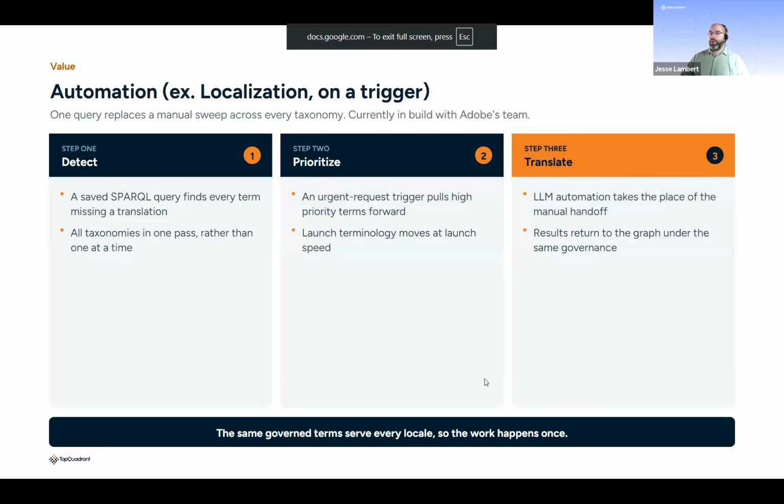An example of delivery is automation. And in this case, the example is localization. So using GraphQL, Factor have Oxford set up to poll for changes since the last time, looking for localization. If it's flagged that it's needed and it's critical, it can bubble it up to the top.